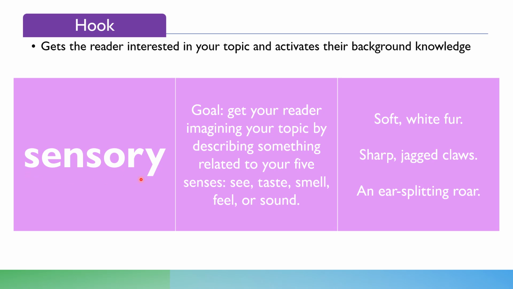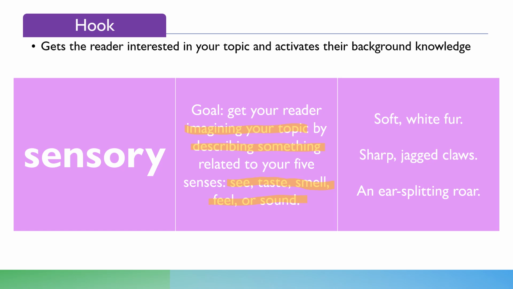The first strategy is the sensory strategy. In the sensory strategy, we want our reader to imagine our topic, and we're going to describe our topic using the 5 senses. What can they see? What could they taste? What could they smell, feel, or hear? So for my example, I'm writing about polar bears.